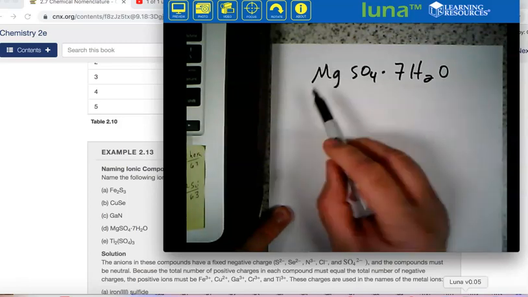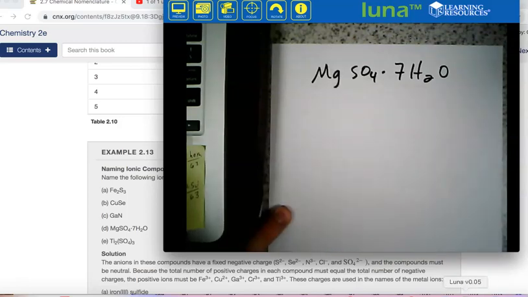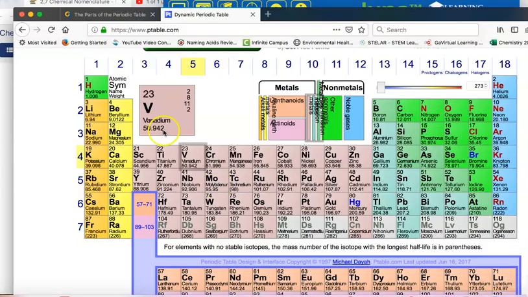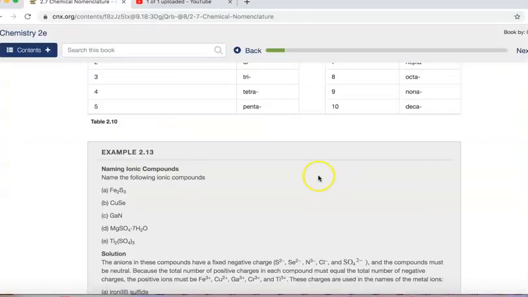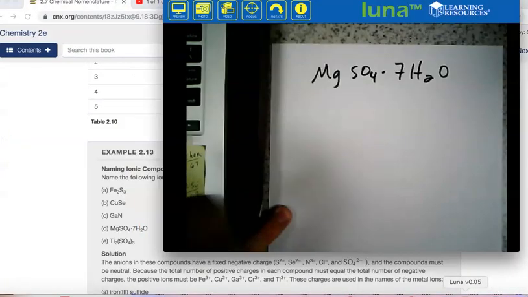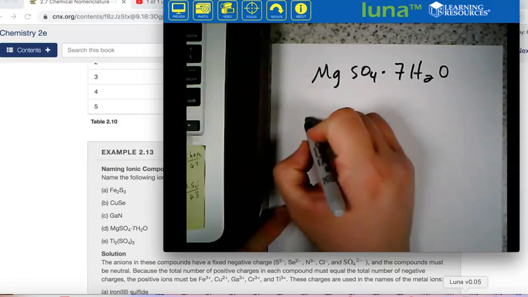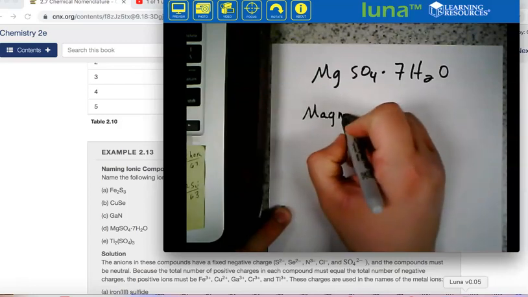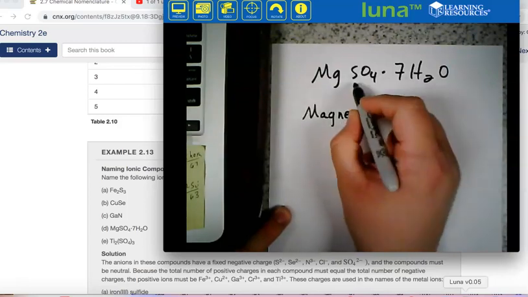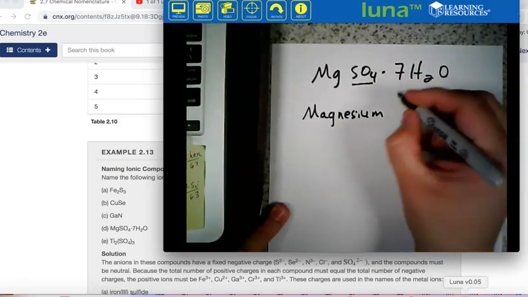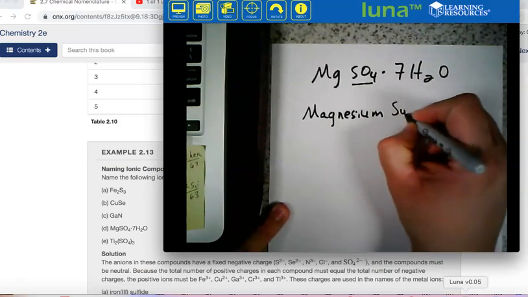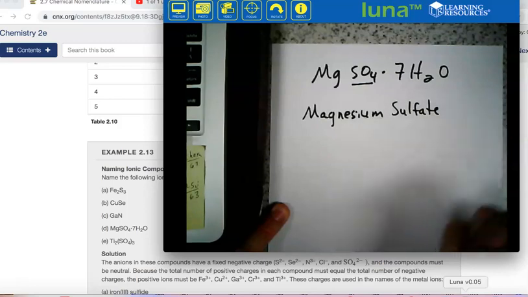If we look at our formula here, we're going to name this ionic compound just like we normally would. If we look up magnesium on our periodic table, we notice that it's a metal, but not a transition metal. So what does that mean? It means that we don't have to have the Roman numeral, right? It has a single charge. So the cation name for MgSO4, Mg, is just magnesium. And then SO4 is a polyatomic ion called sulfate.